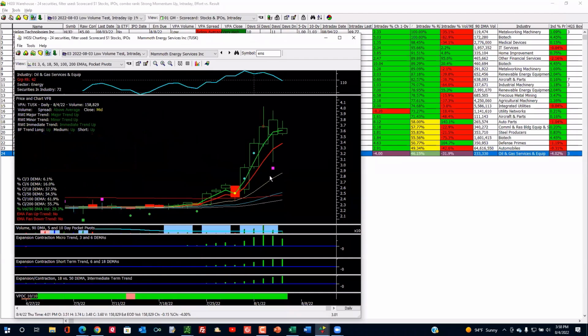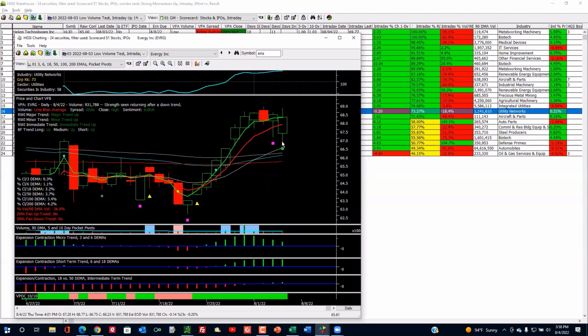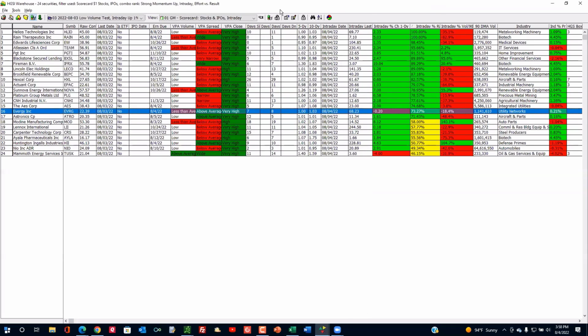So for example, yesterday, this is down 4% today, but here's your low volume test, and this is 1% above the low. That's why it's showing up here. Here's another one that's down slightly today. You can see it. When this reversed 1% off the low, it would have been showing up on this screen.